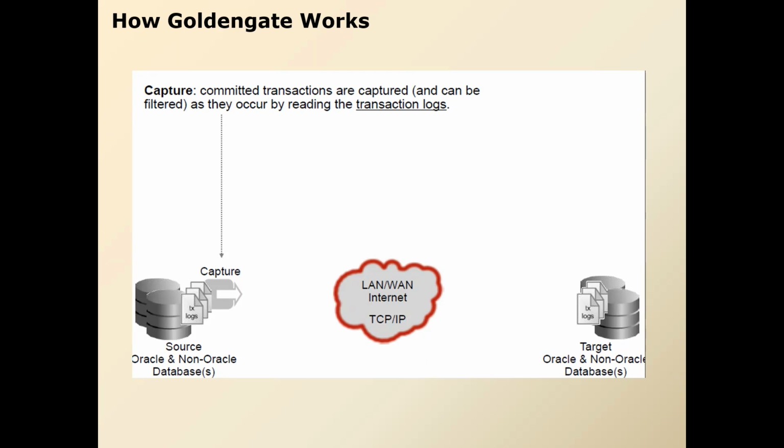The source database can be Oracle or any supported non-Oracle database, like DB2, MySQL, SQL Server, or any other database. Now each database has its own transaction logs. In case of Oracle, these transaction logs are called redo logs, or backups of redo logs, which are called archive logs.